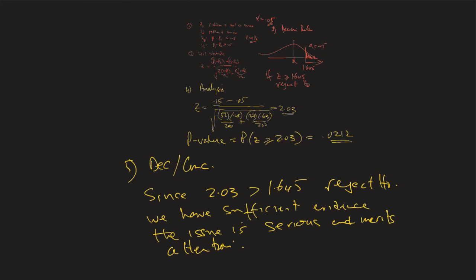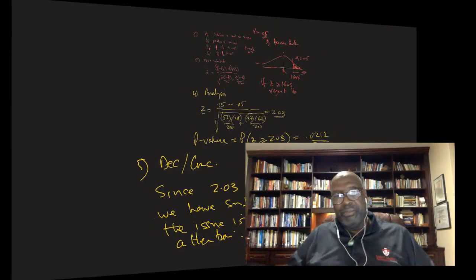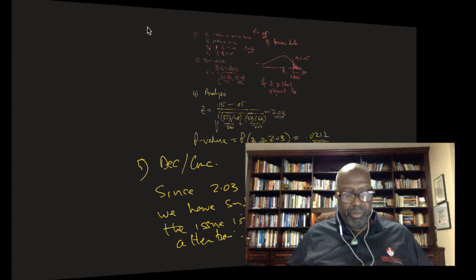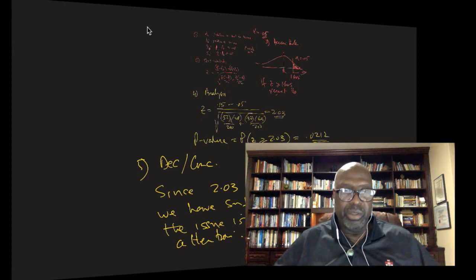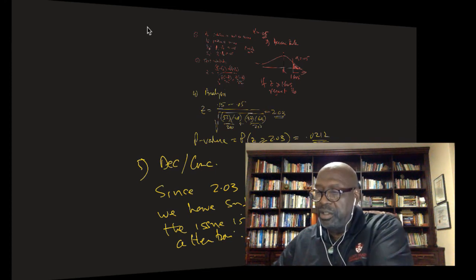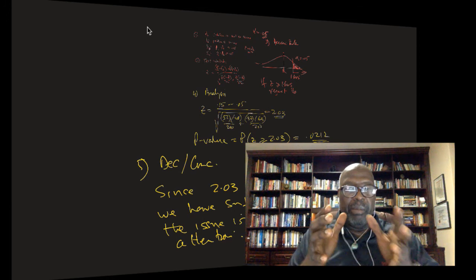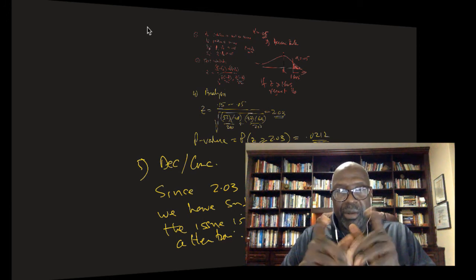All right? So that kind of brings us to the end of the installment, part 4, which dealt with proportions. And with proportions, I want you to keep in mind that we have two possible scenarios.